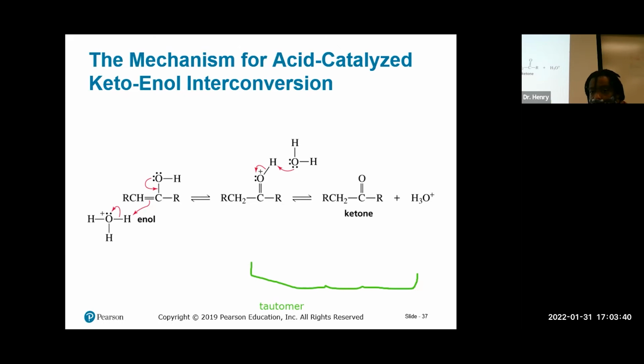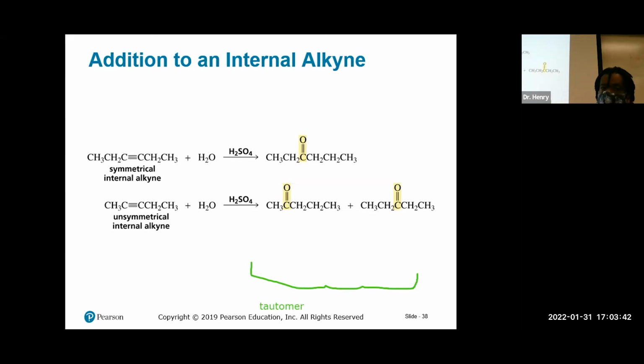Okay, so if we have a symmetric alkyne, we're going to end up with one product, right? If we have unsymmetric, we're going to end up with two products.